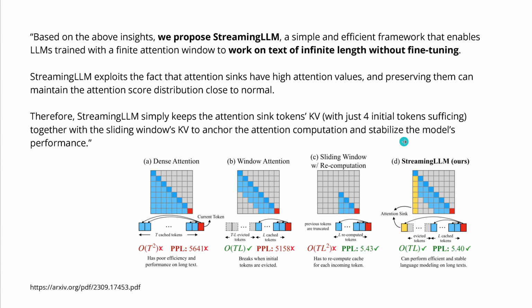And then they combine now here their insights into their streaming LLM. So what they do, they have here the sliding window. And as you can see here in yellow, here the very first token of a sequence. Our CLS token in BERT or SBERT or whatever you go.